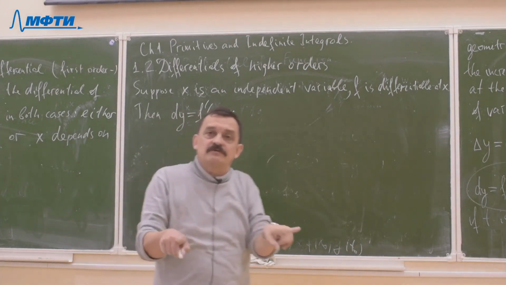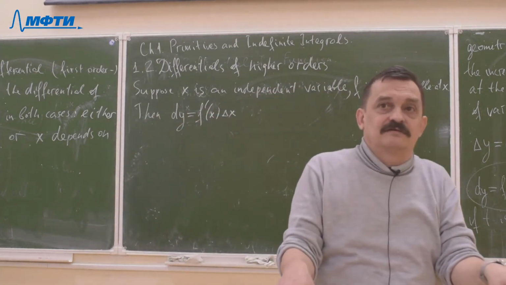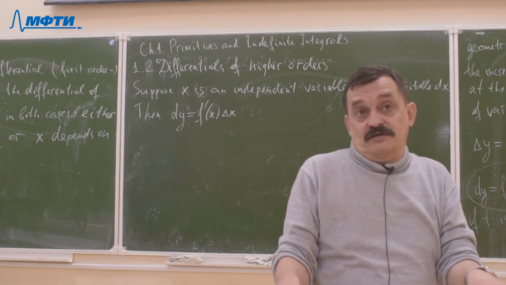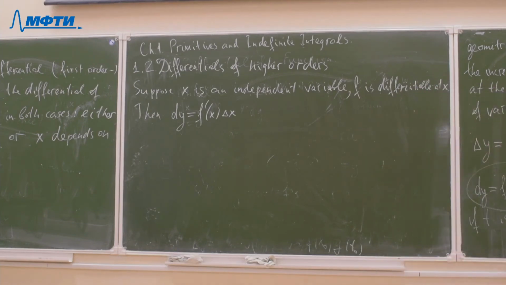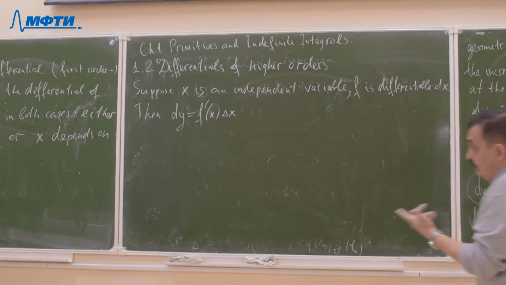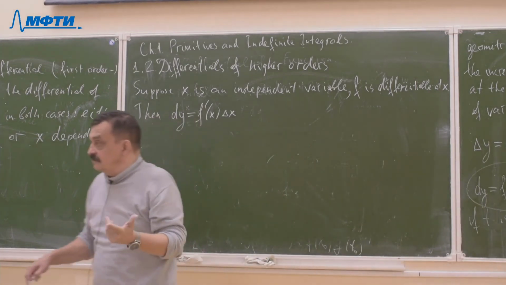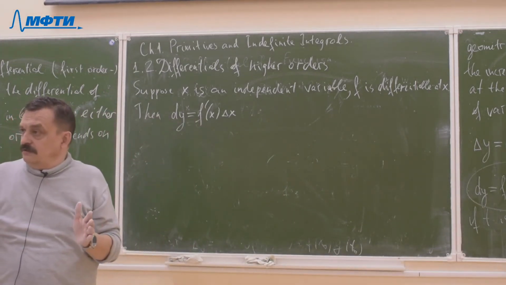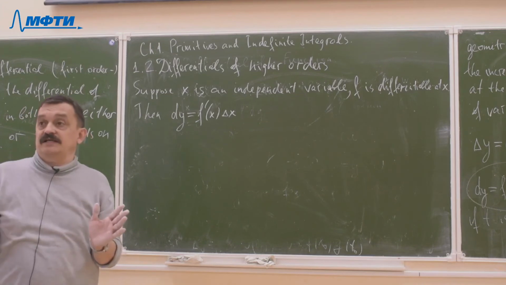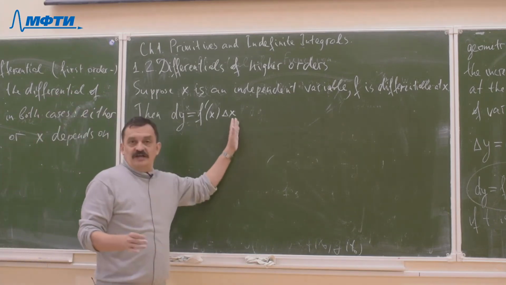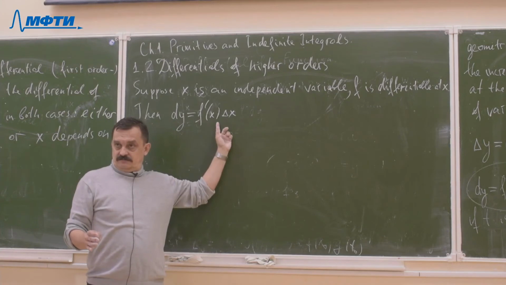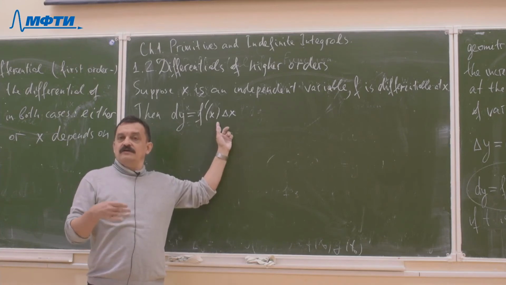And both variables are independent of each other, right? But it means that we can consider a fixed delta x. Delta x is fixed. So we have a new function of the variable x, and we can consider the differential of that function.